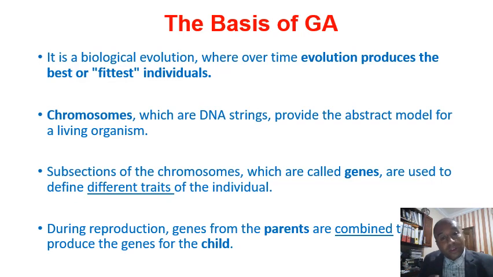In order to produce offspring or children, we combine two parents through crossover or through some alteration in order to arrive at new children, and then we keep constantly evaluating these produced children in order to select, through some selection criteria, only the best individuals, and this implies evolution to the better generation.